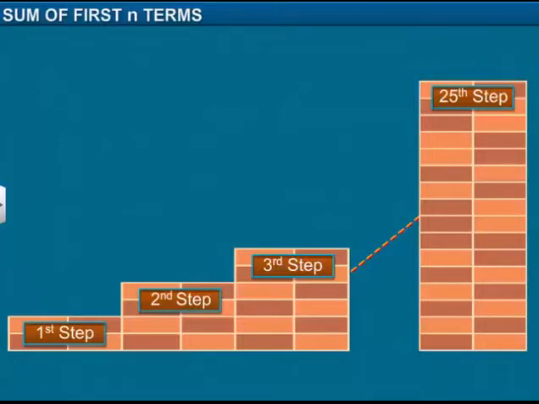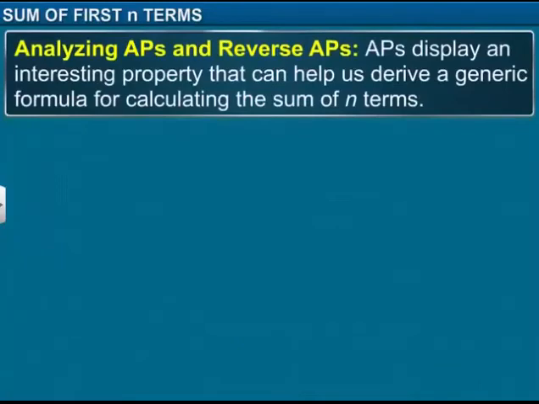for the staircase? APs display an interesting property that can help us derive a generic formula for calculating the sum of n terms. Take an example of a sequence of numbers 2, 4, 6, 8, 10 and 12.